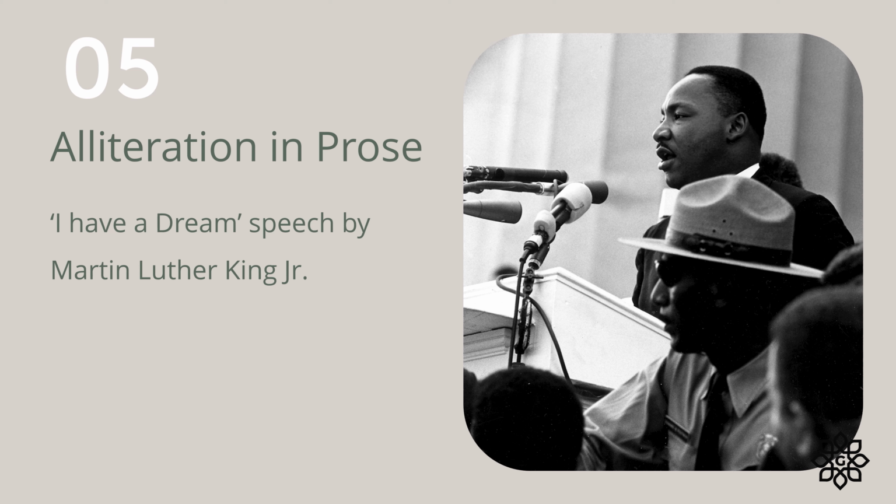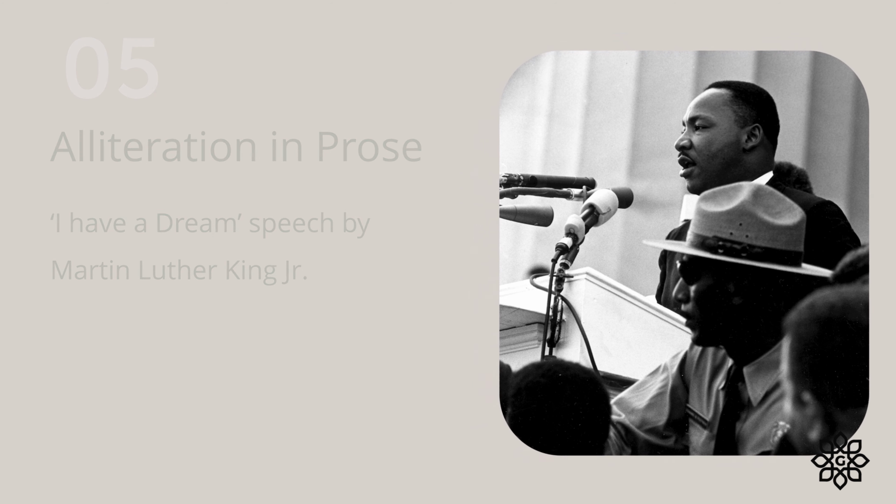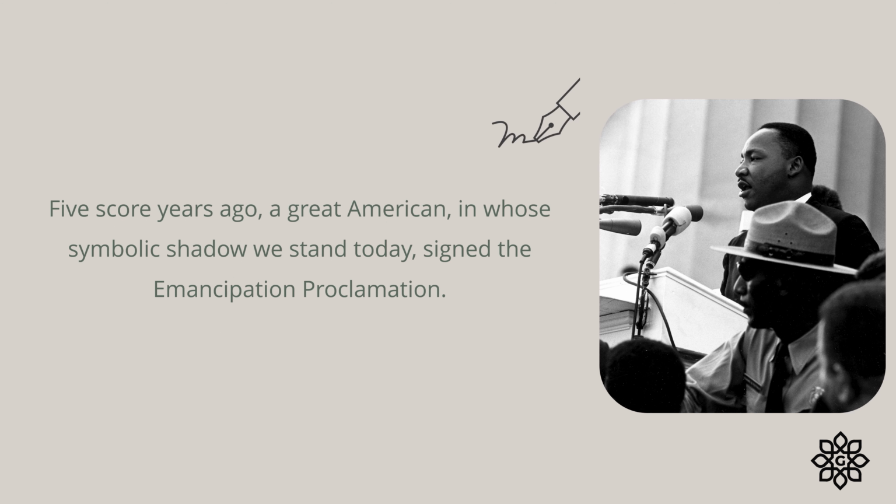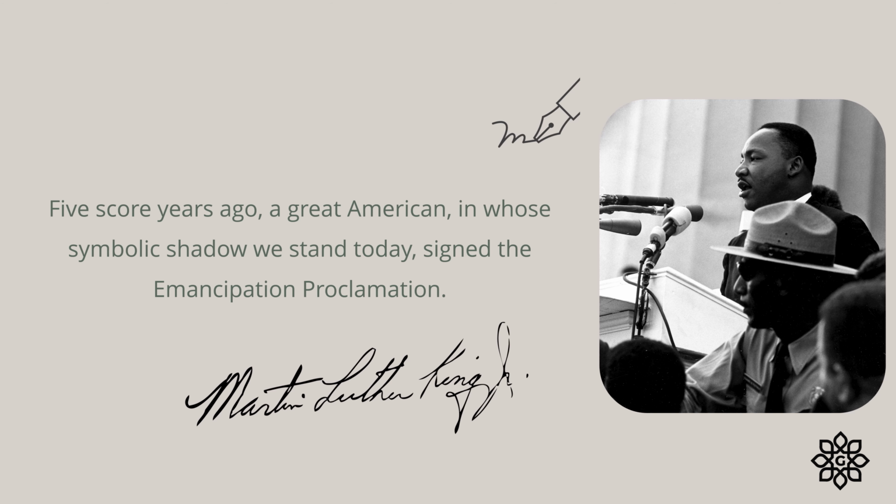He is the youngest man to receive the Nobel Peace Prize, and the youngest person to receive the Nobel Peace Prize is Malala Yousafzai. Now let us read the line.